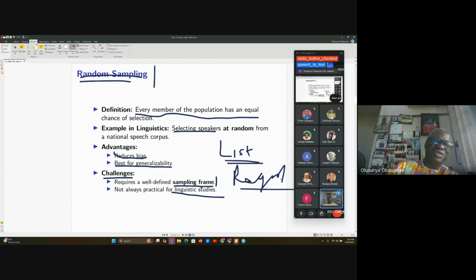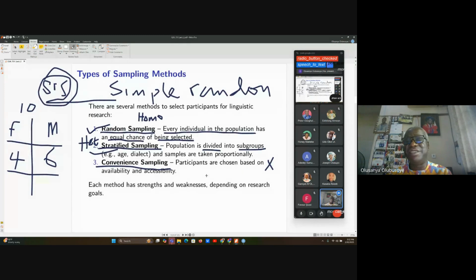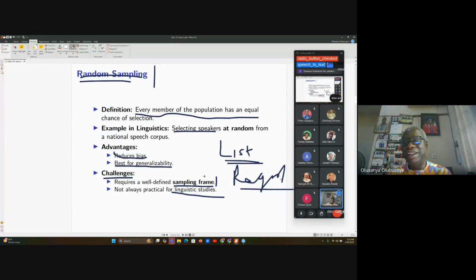The other part is in linguistic studies, it may not be practicable. If you are studying dialect, phonetic variation, and so on, and you are interested in how different groups in Yoruba speak, how they pronounce S, will you be able to list all the Ogbomoshos?